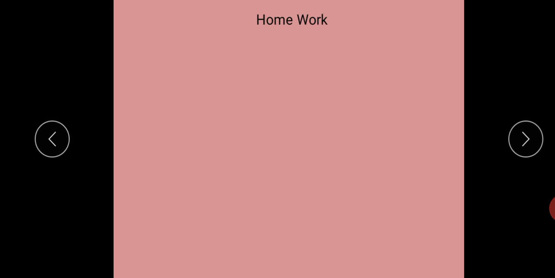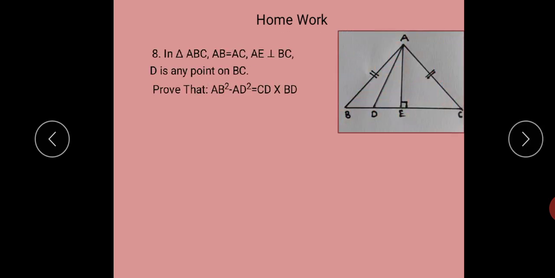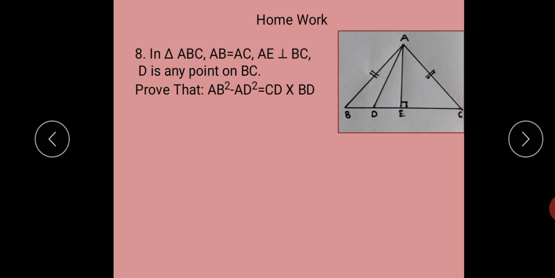Now it's the time for the homework. Let's see the question. In triangle ABC, AB is equal to AC. That means the triangle is isosceles and AE is perpendicular to BC. Here is a perpendicular on the base in the isosceles triangle, and on the base when you draw the perpendicular, this altitude is also the median.